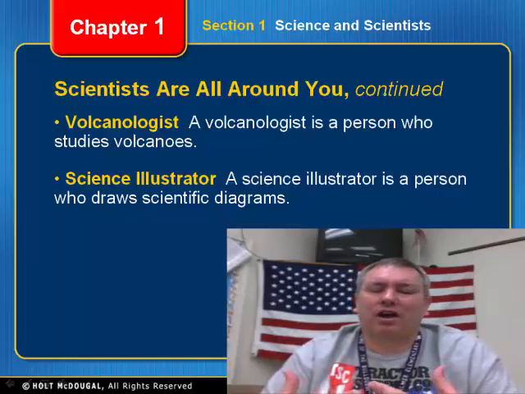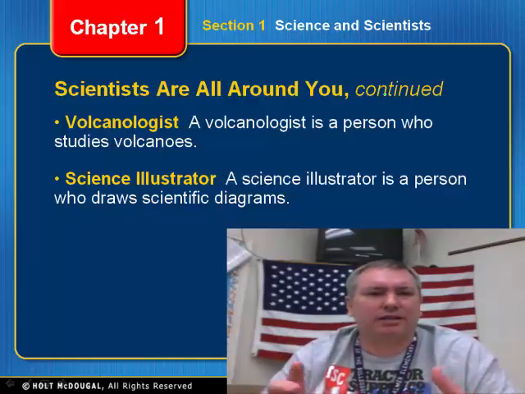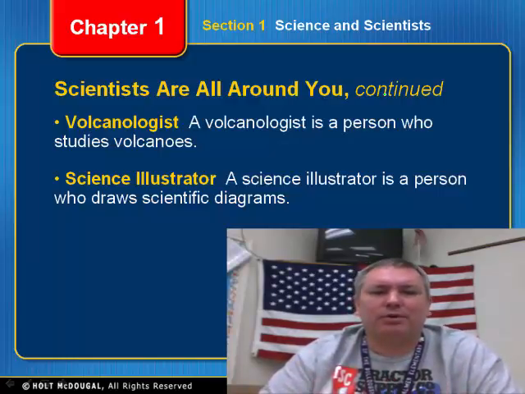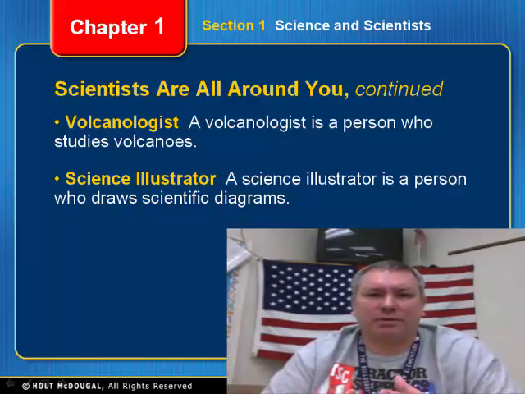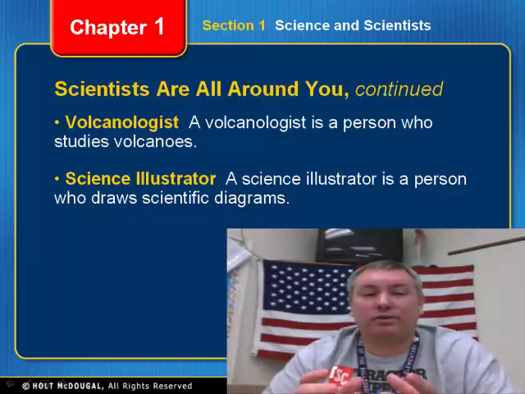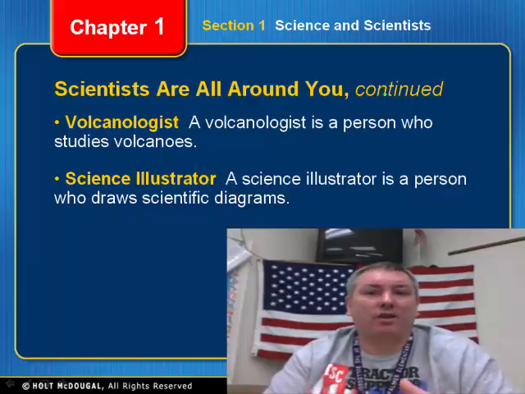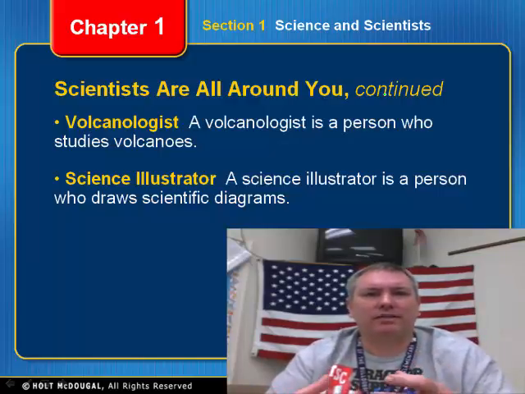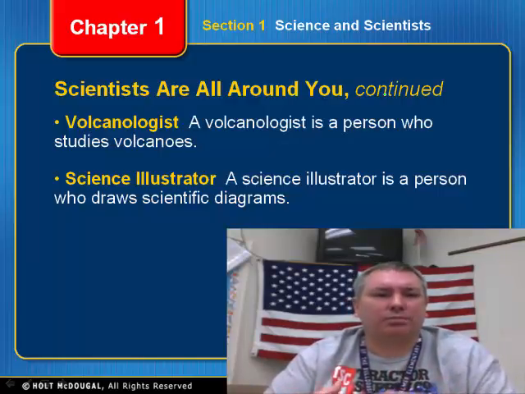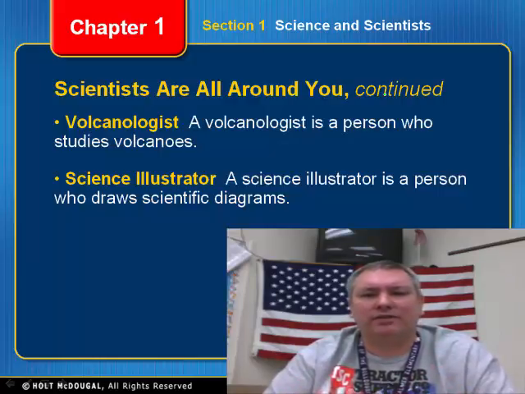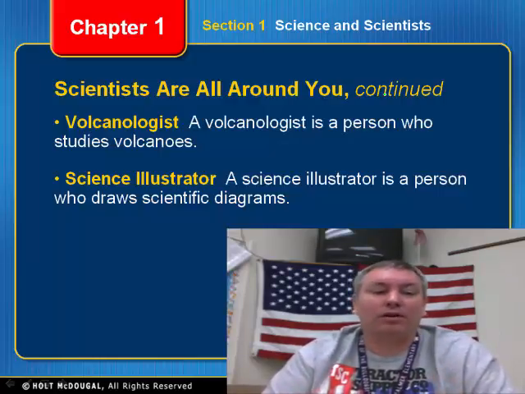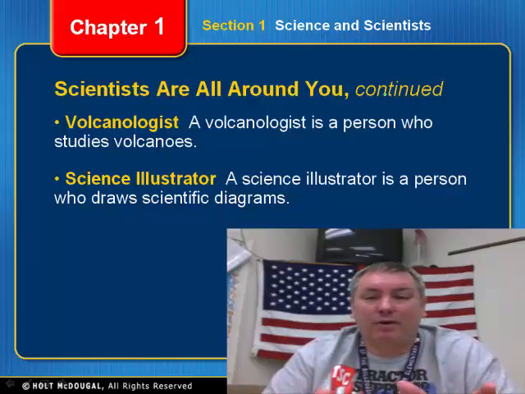There's always a demand by textbook companies and other people who look for science illustrators. These are people who are trained in art. They know how to draw well, and they also have to be able to draw those body systems inside of an organism, or be able to draw a flower and stuff like that.